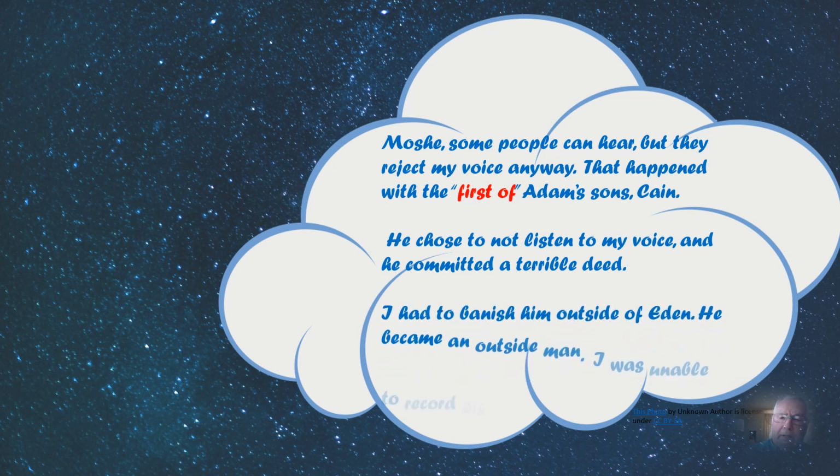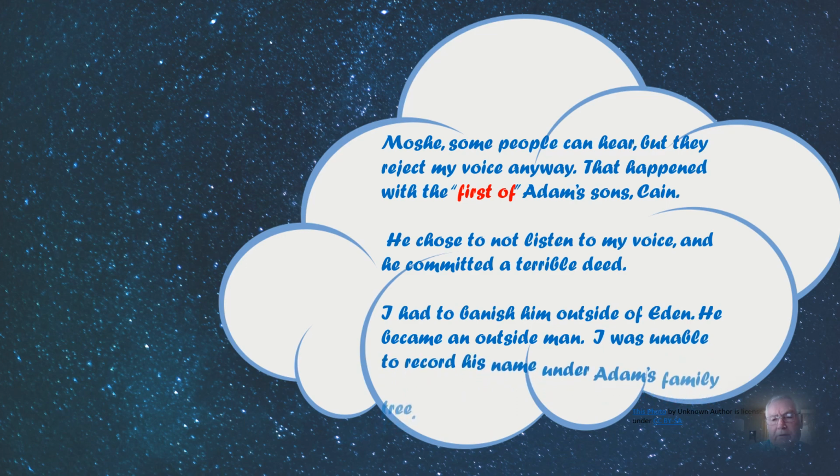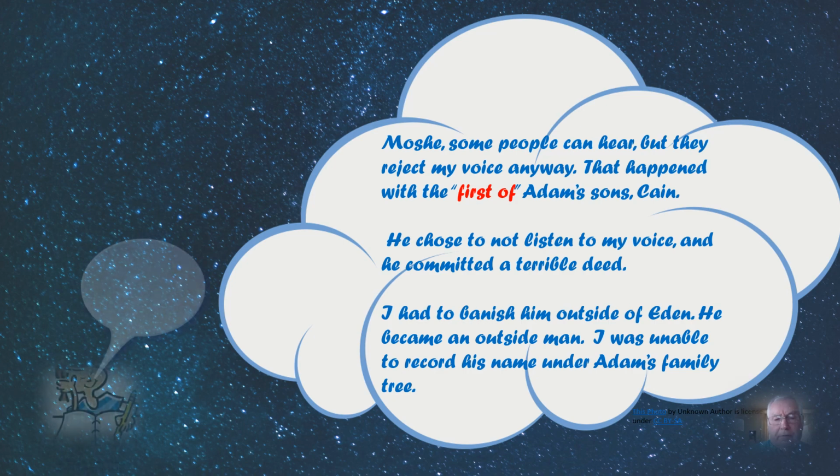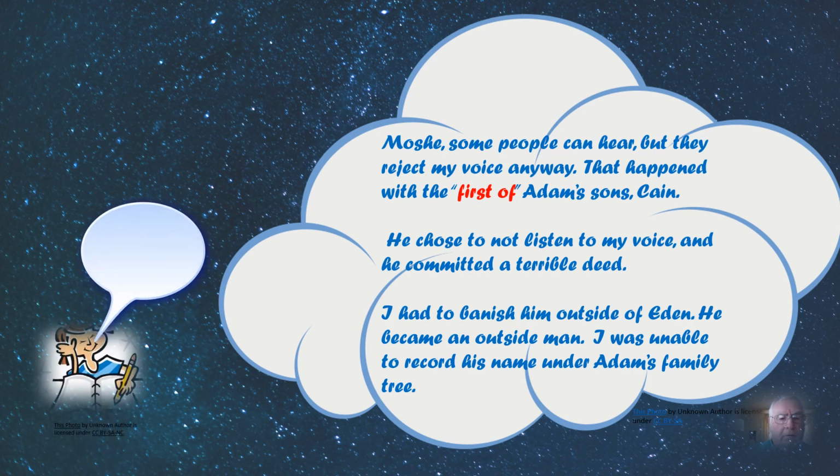I had to banish him outside of Eden. He became an outside man. I was unable to record his name under Adam's family tree. That's horrible, being blotted out of the family book.